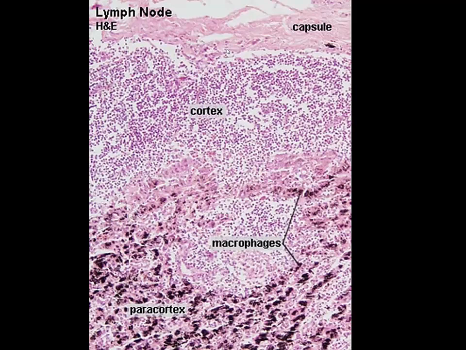Now, this is an illustration. We're not looking at a lymph node in totality here, but we're looking at a section through a lymph node, and what I want you to appreciate are all the dark staining cells that we see near the bottom. This particular tissue section was produced, and before it was fixed, these cells were stained with an India ink or some kind of carbon black material, and then incubated at 37 degrees before the tissue was actually fixed in chemicals.